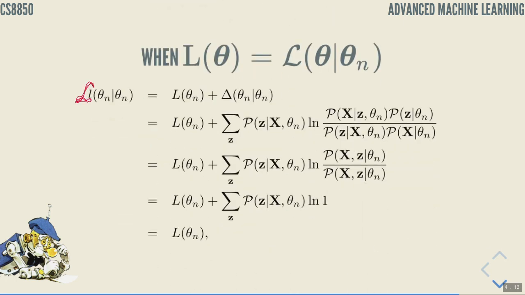And once we do, I'll get the following expression, but this is the joint of x and z, as well as this is the joint of x and z. But then we get log of 1, and log of 1 is 0, and our lower bound equals the log likelihood at theta sub n.